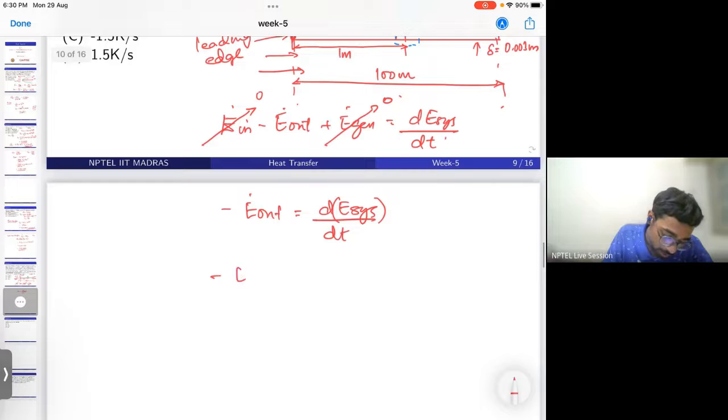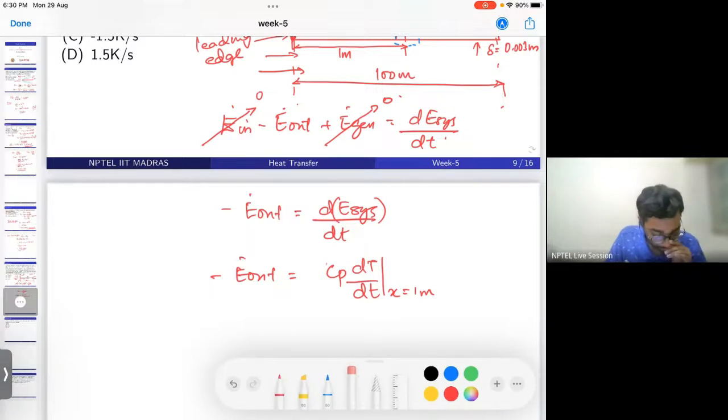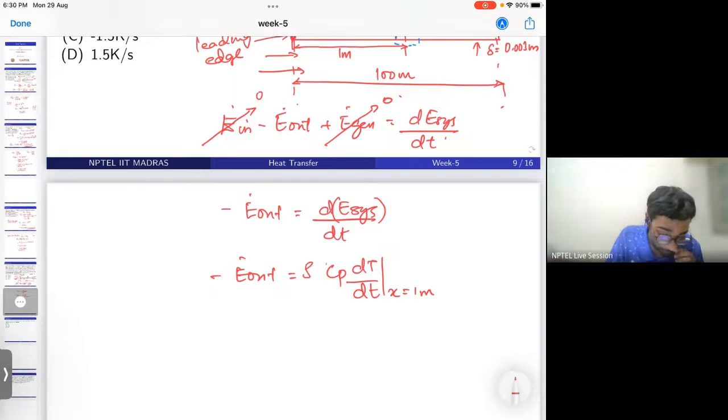So minus E dot out is equal to rho Cp dT by dt at x equal to 1 meter. Rho V, that is m Cp dT. So rho V Cp dT, right?